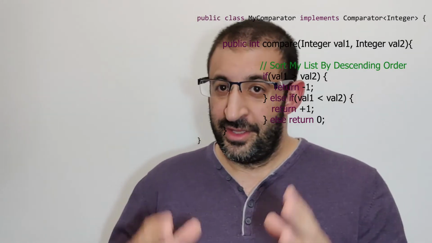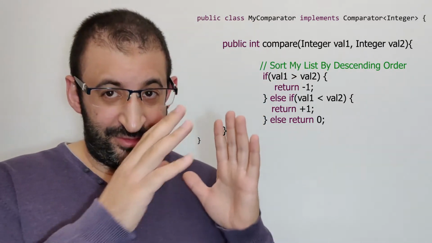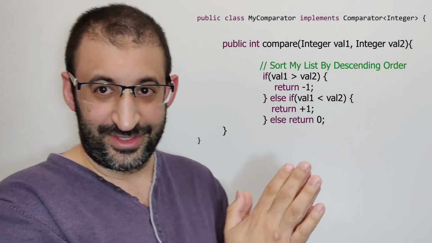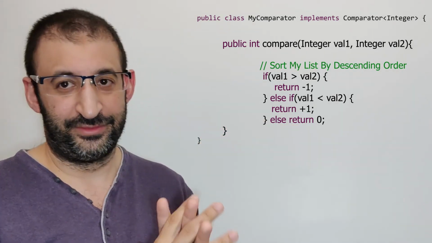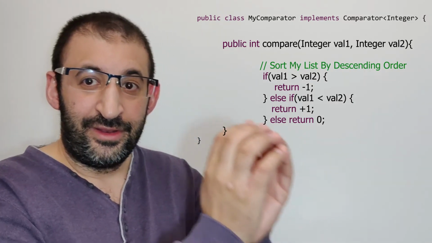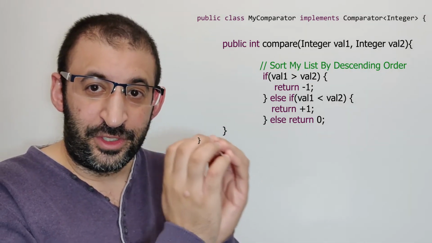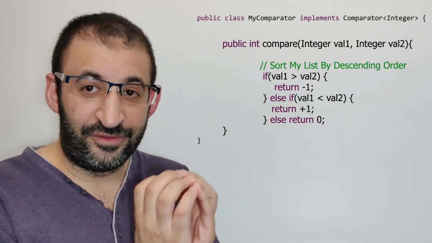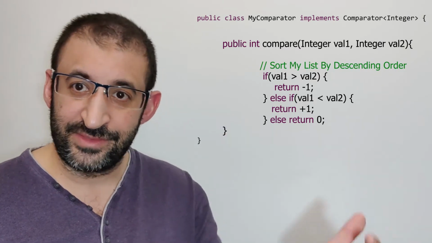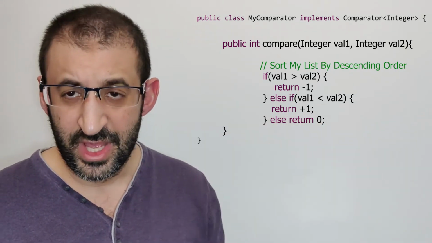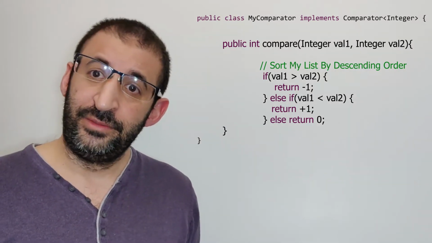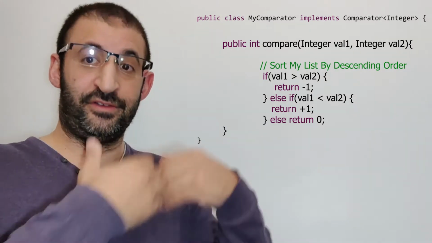Okay? I hope that you have understood what I have done now. It's very important. So if value1 is bigger than value2, value1 will come before value2, so I will return a negative value, -1 for example. If it is less, I will return a positive value, because it comes after value2.